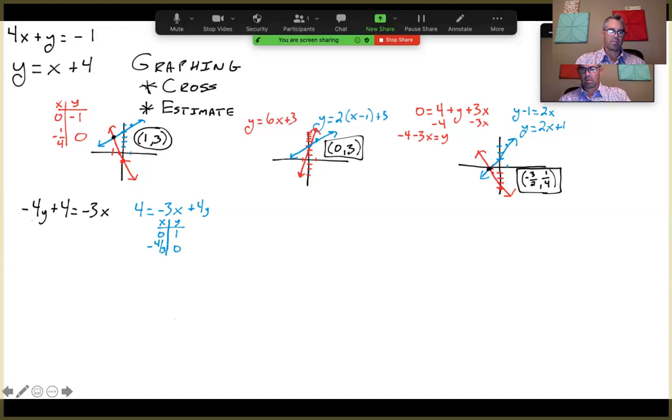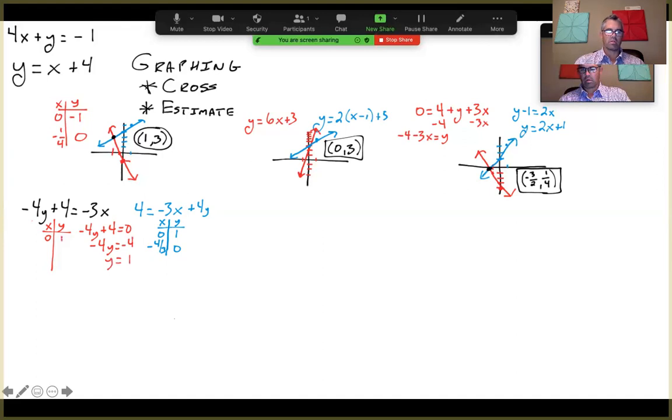With the second equation, I'm actually going to use the intercept method for it as well. I'm going to do my work in red. If x is 0, then that will give me negative 4y plus 4 equals 0. Subtracting 4 from both sides, I will find that y equals 1.